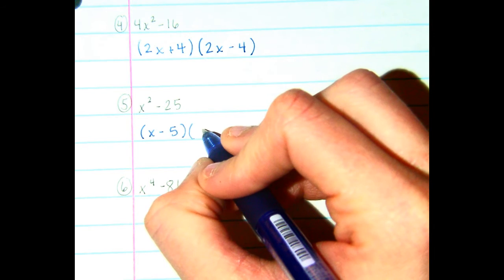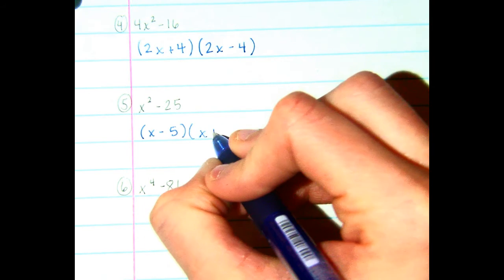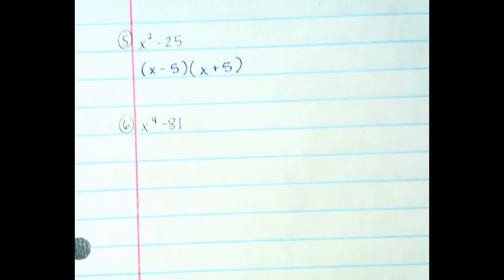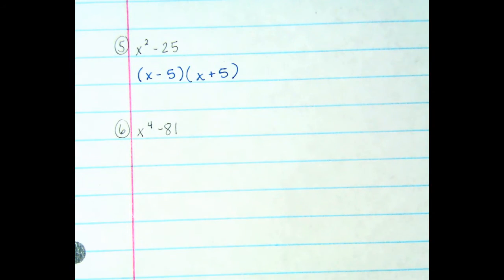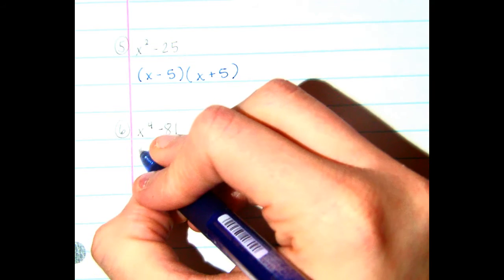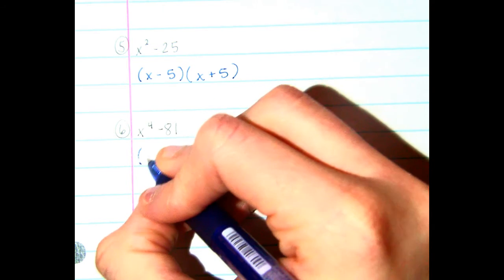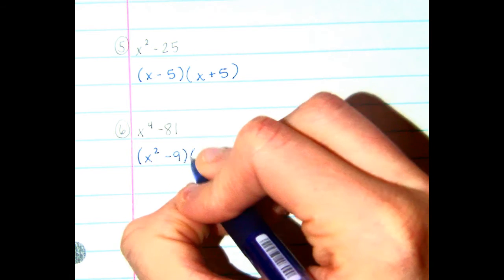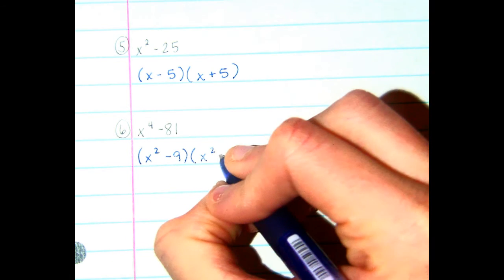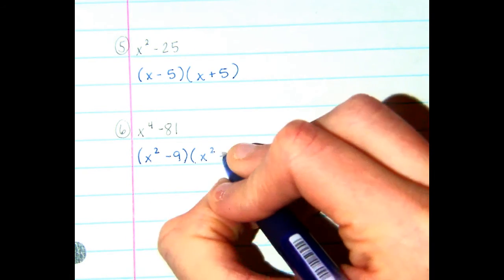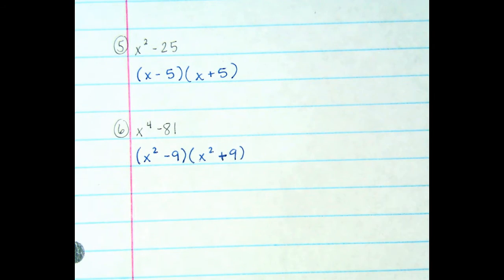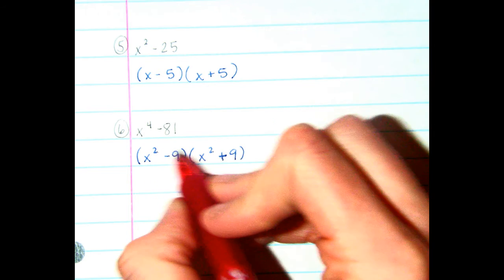I heard x minus 5, then what? Alright, I got a problem. Number 6 is different. How's it different? It's got a fourth. What am I going to do? X squared minus 9. Alright, now, x to the fourth became squared and squared.